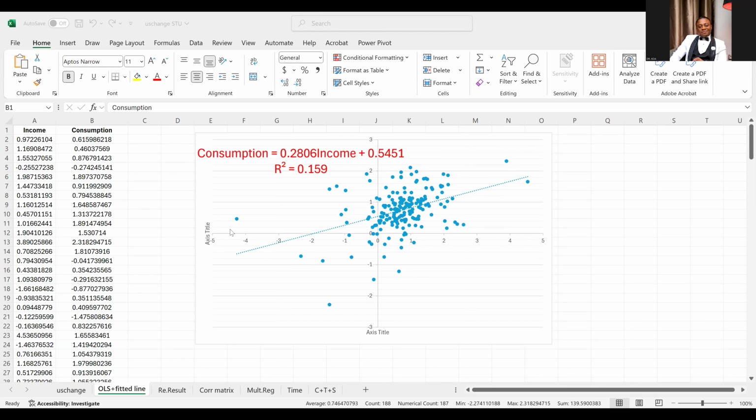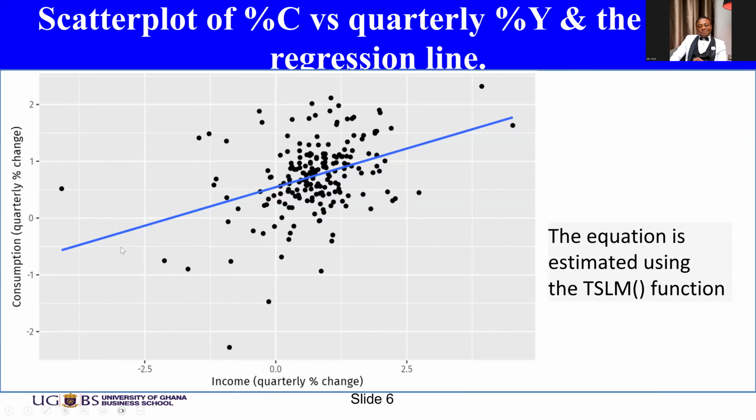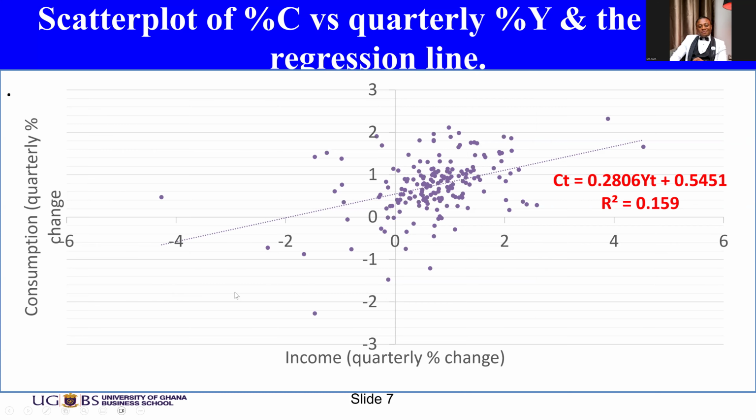So when you go to the slides, you have the same regression line, and then you have the equation of the line. Note that if you were using R or Python, there's a function in it called time series linear model. That's what you would have used for this purpose.